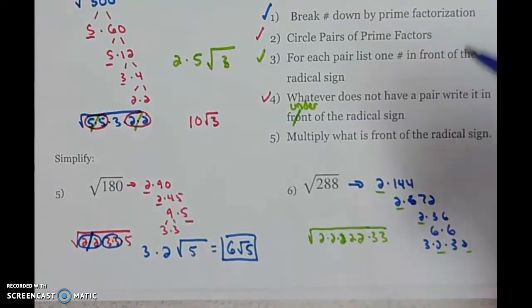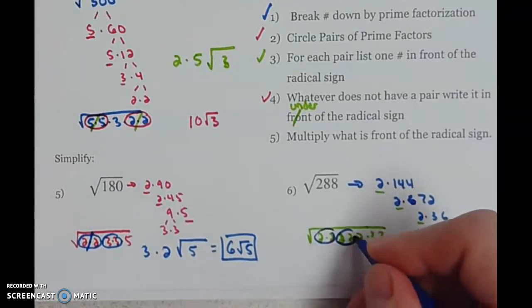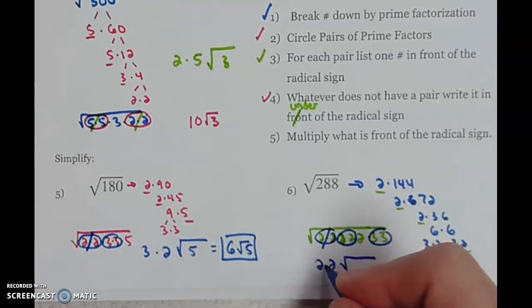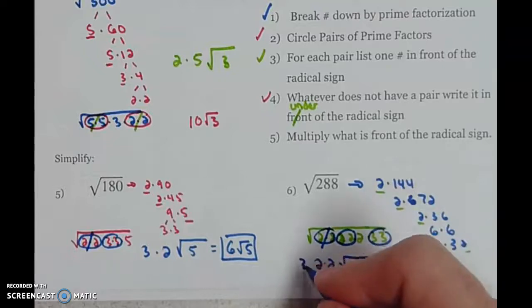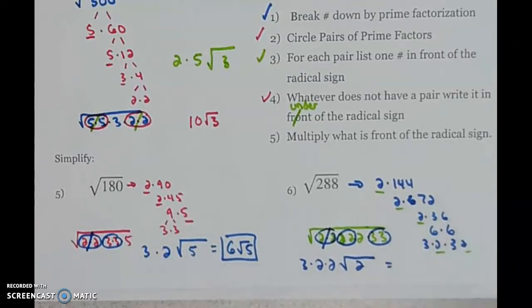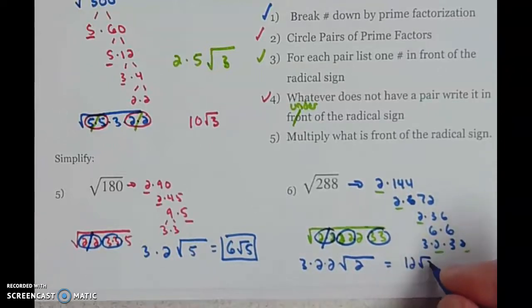So for every pair, I'm going to circle it and list one in front of the radical sign. So I have a pair of 2's, I have another pair of 2's, and I got a pair of 3's. And I have one 2 underneath. So my final value is going to be 12 radical 2.